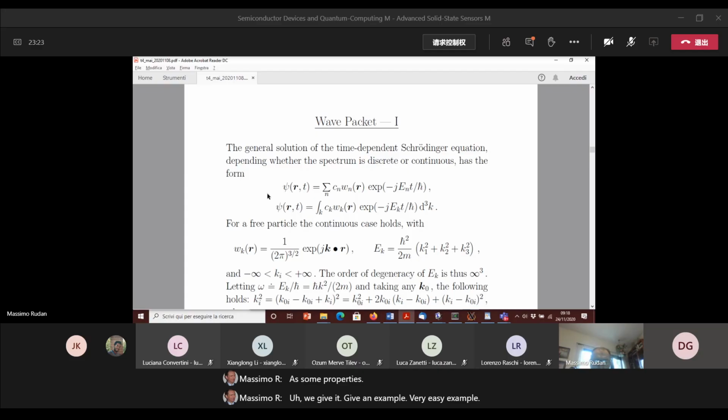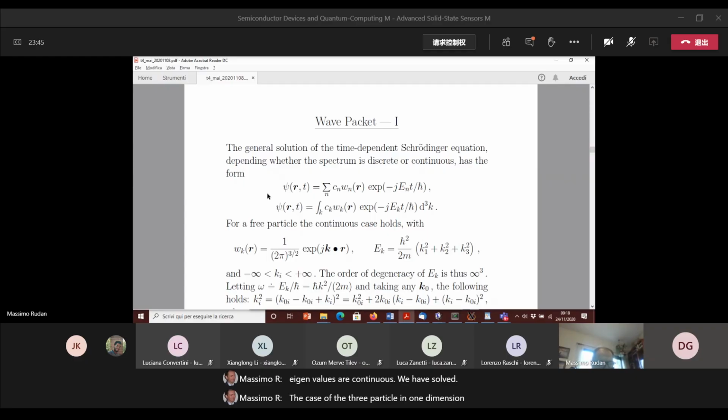The example is that of a free particle. And when we consider a free particle, you remember, the eigenvalues are continuous. We have solved the case of the free particle in one dimension.